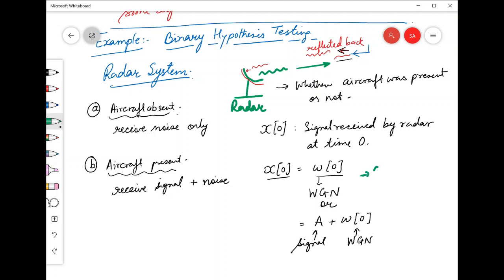This is my option 1, this is my option 2.